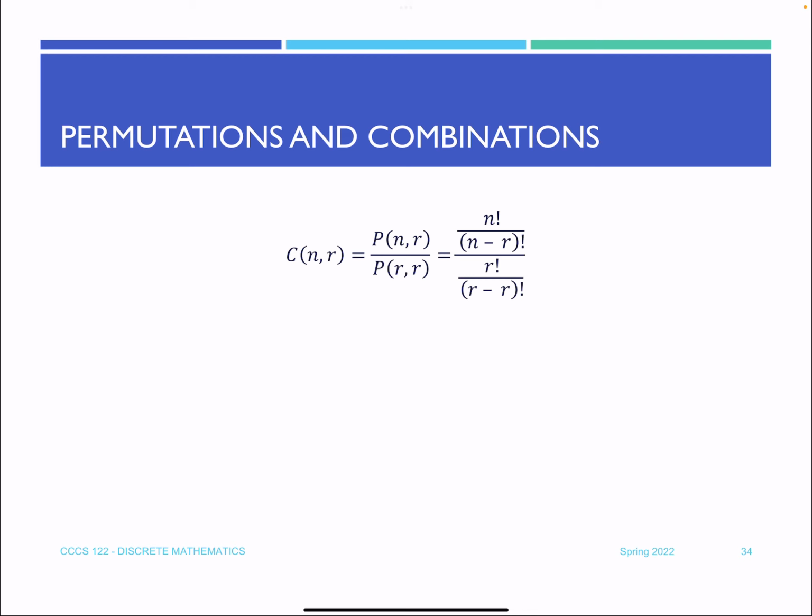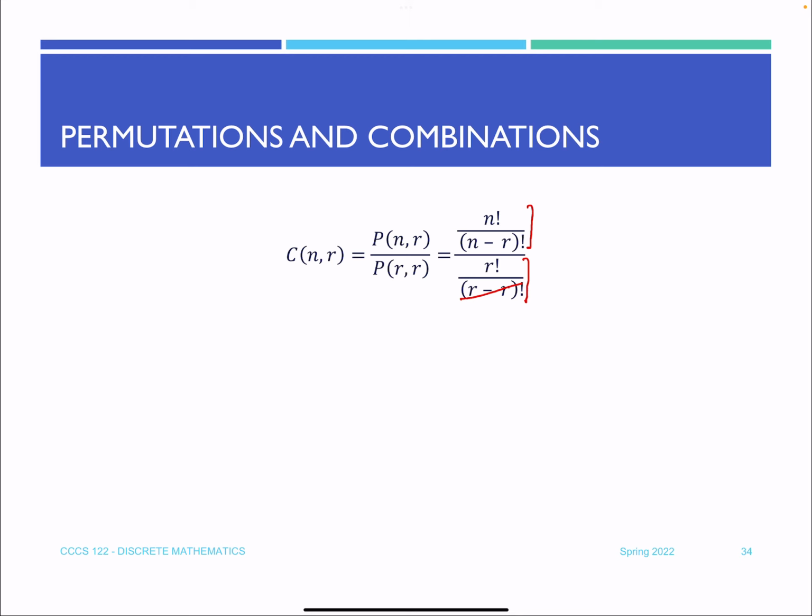And so I just substitute those expressions, and I get n factorial over n minus r factorial in the numerator, and I get r factorial over r minus r factorial in the denominator. r minus r is 0, 0 factorial is 1, so this basically just goes away.